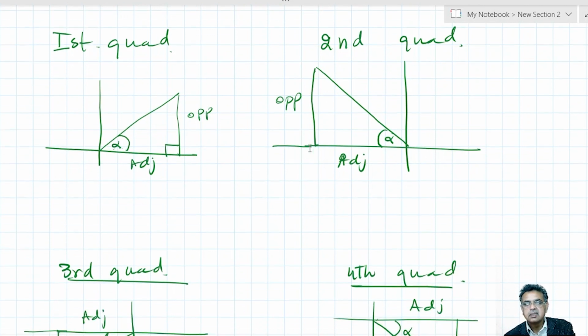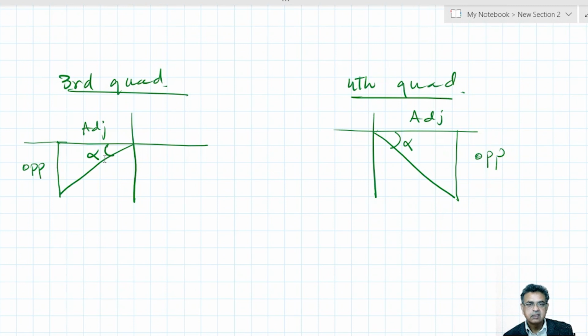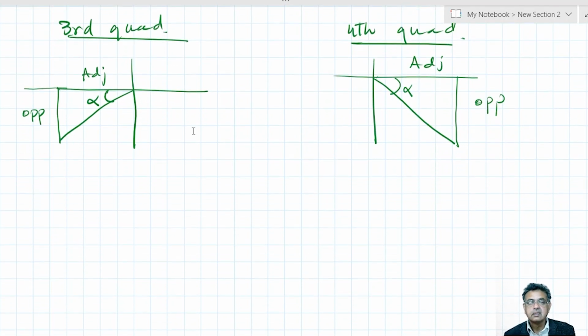So this is the condition to consider a reference angle: whatever triangle you make, its right angle, 90-degree angle, will be between the x-axis and its perpendicular line, not with the y-axis. So everywhere the angle is formed with the x-axis, it is considered a reference angle. The reference angle is not considered with the vertical line.